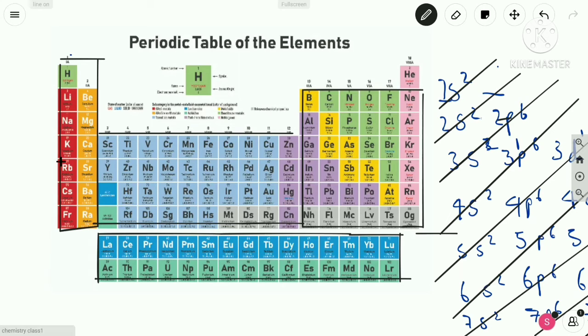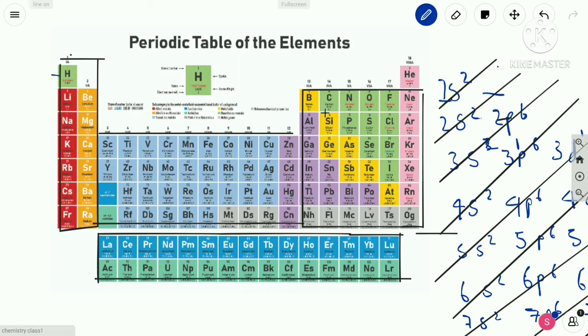So this is how the periodic table is. Recall that we discussed the S shell can have two electrons, so two valence electrons. So these elements are filled with those two valence electrons, and this comes on the left side.